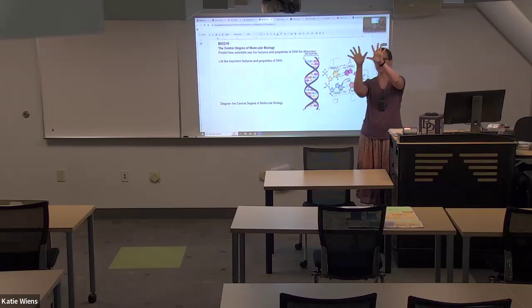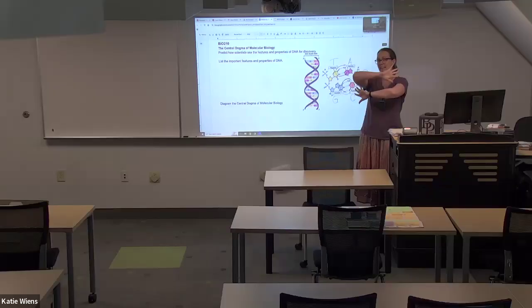If you think about your hands as the 5' and your elbows as the 3', the 5' and 5' don't go together. They line up anti-parallel. And we will look at that in more detail a little bit later about why that is. But they line up anti-parallel, 5' to 3'. And one way to do that is just if you're going to put your arms together, you're going to do this.